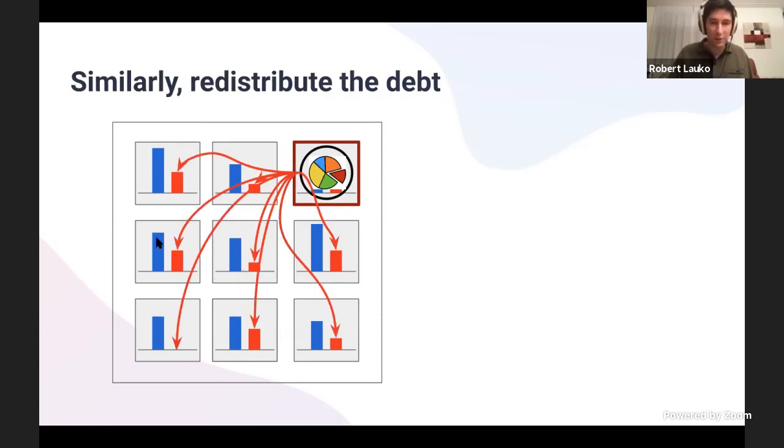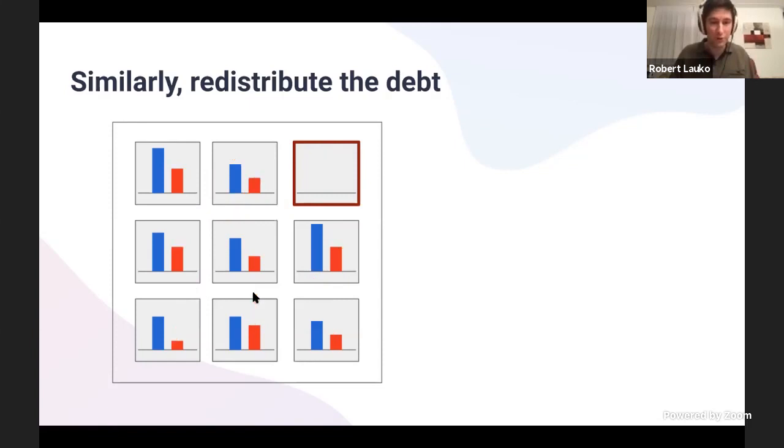So you see that the bars are now slightly larger. And we do the same with the debt in red: we also just chunk it up and give it to all the borrowers in the system. So this is done, and now we see that the position was fully liquidated and everybody got some collateral and some debt.